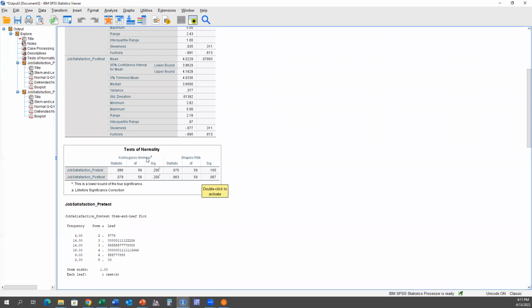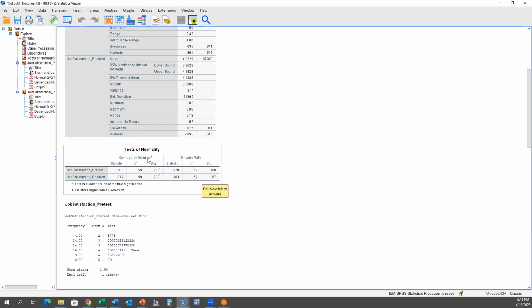So what they're doing is comparing your data for job satisfaction to a perfect bell-shaped curve. And if we have a significant result, meaning a p-value below 0.05, then we have a difference between a bell-shaped curve and our data, which is not ideal. So we want non-significance for these tests, meaning a p-value greater than 0.05. And that's what we have.